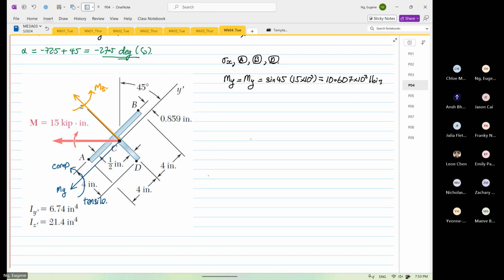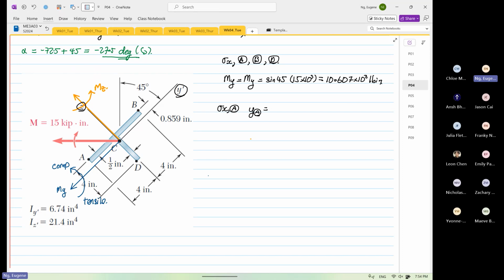Okay. So from here, we want to find stress X at point A, right? So again, you have to get all this clear. What is your Y direction? What is your Z direction? So at point A, Y of point A is equal to what? So you look at, this is the Y orientation.